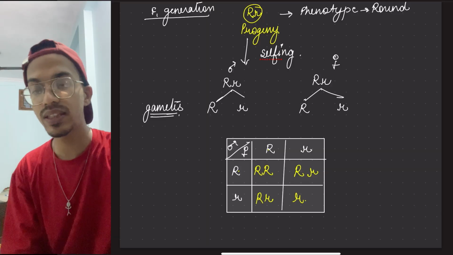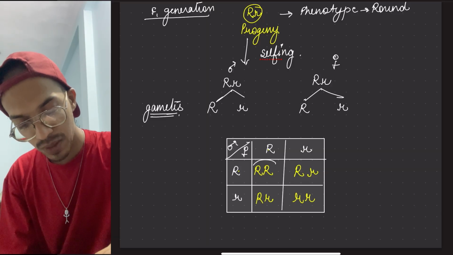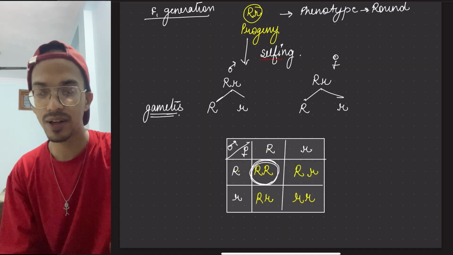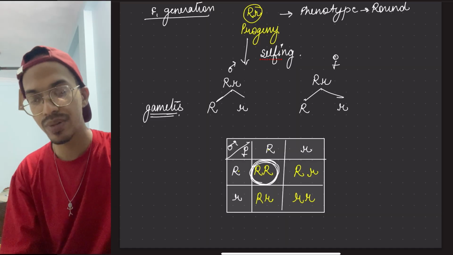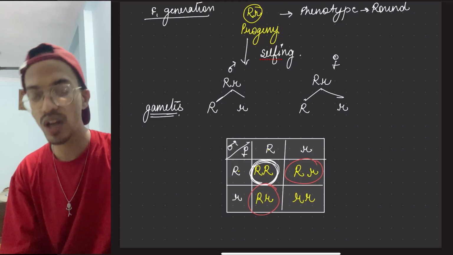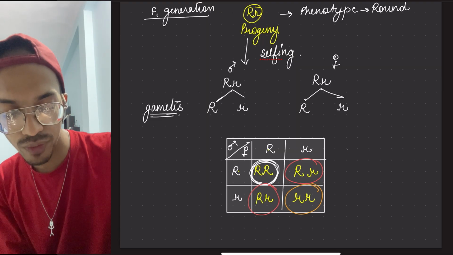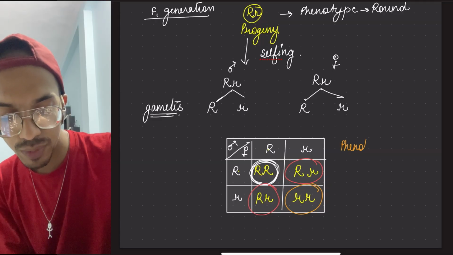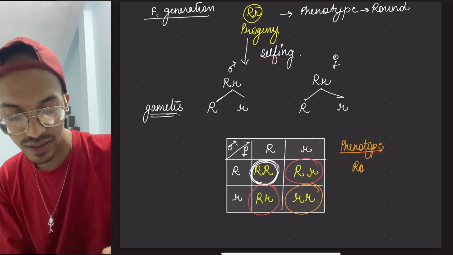Now if you see the types, this plant has capital R, both the capitals. These are hybrids, and this one is the recessive one. If you have to write the phenotype, there will be round: this and this will be round.